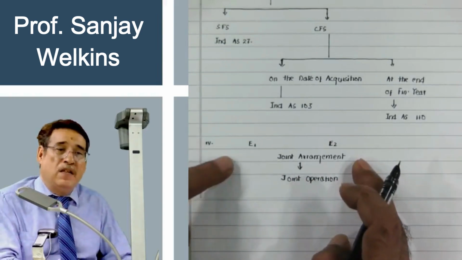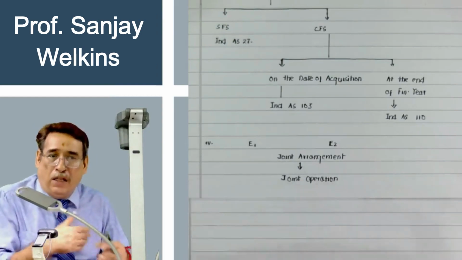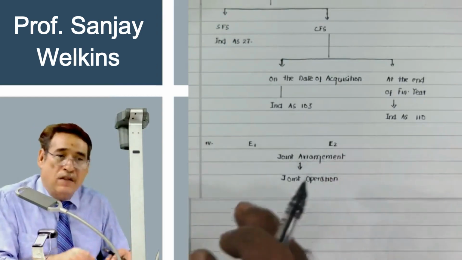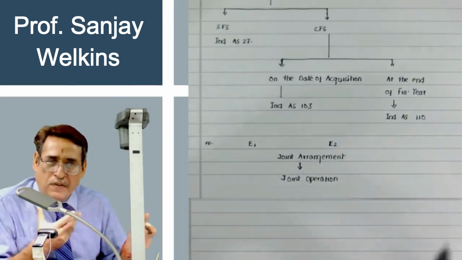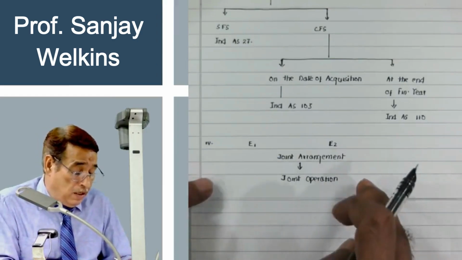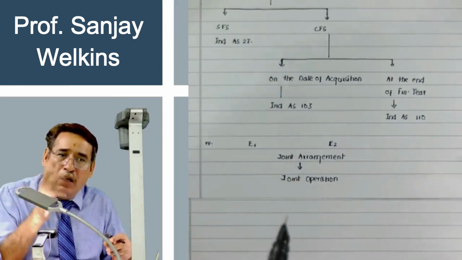Let us say both these entities have decided that we are going to construct a pipeline. Let us say both these entities are in the oil industry, and they are facing a problem to ship their oil to Bangladesh.